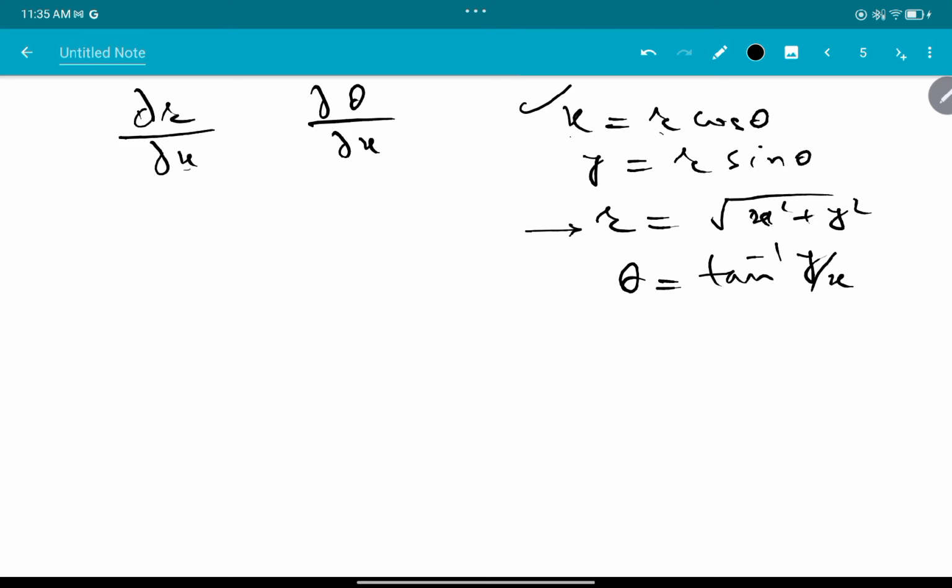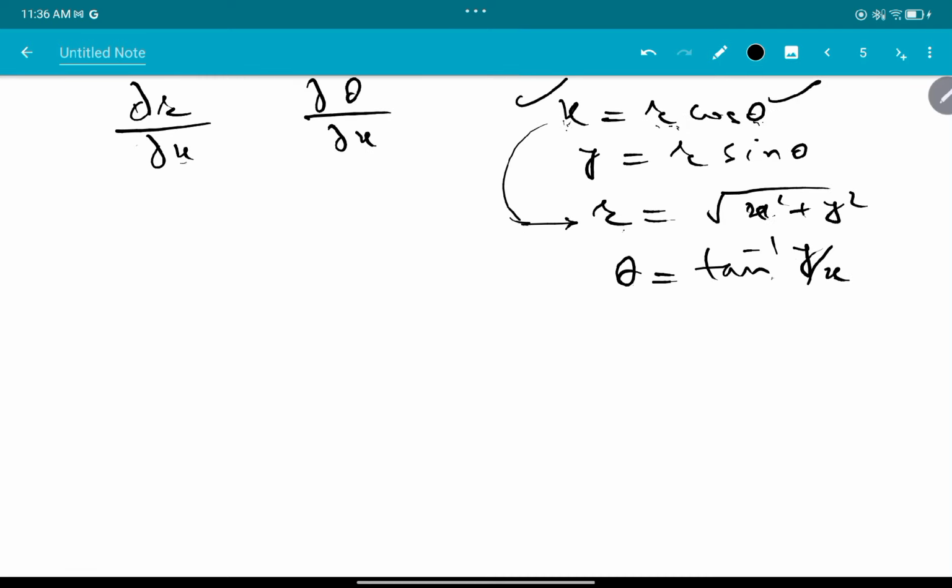If I differentiate this x with respect to r, I cannot retain theta as constant, because theta itself depends on y and x. So if x is changing, theta will also be changing. We will be caught in a whirlpool of these changes, x and theta. It is better to go to this.